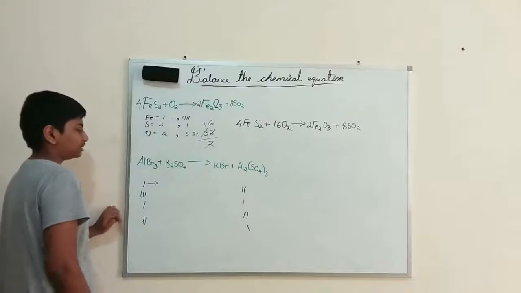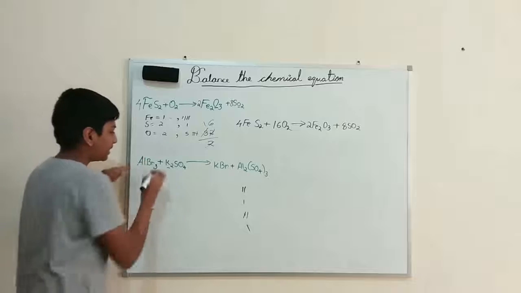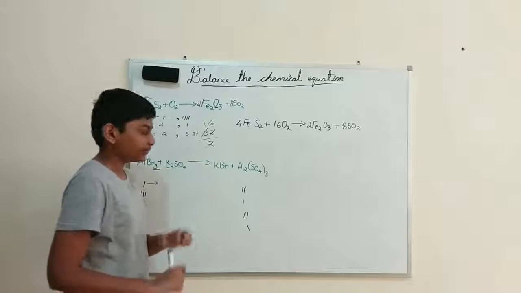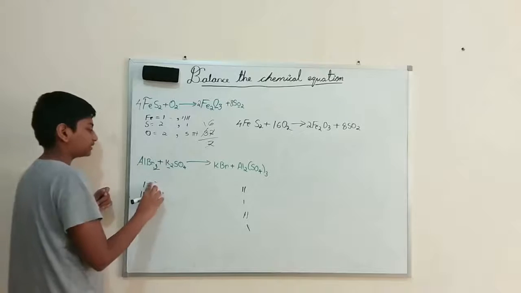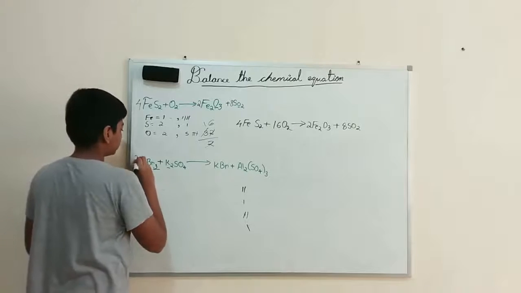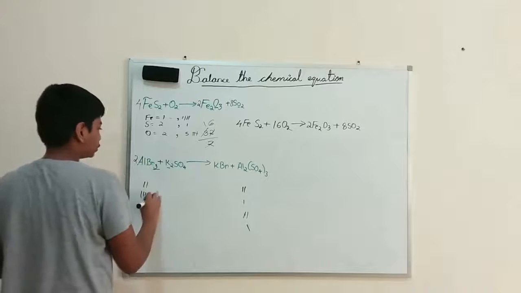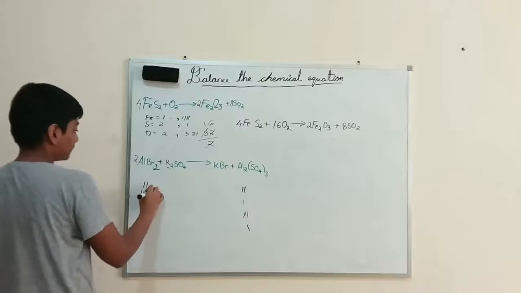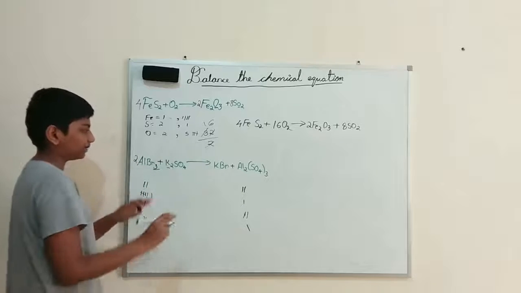So first I should make aluminium balance, right? So aluminium I should not add. First I should make this Br3 into an even number. So I'll make this into an even number by multiplying it with 2. So I'll get 2 aluminium and 2 Brs, right? So 6 Br, and K2SO4 will be same.